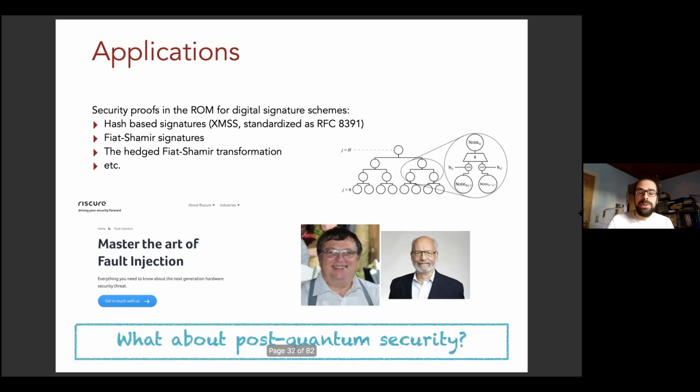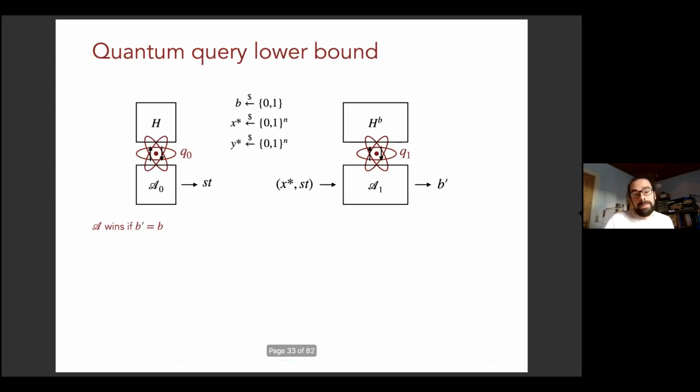Now, of course, if we want post-quantum security, so that's security of these classical cryptographic schemes against quantum algorithms, then we need to prove a version of this lower bound that holds when A0 and A1 have quantum access to their oracles, right?